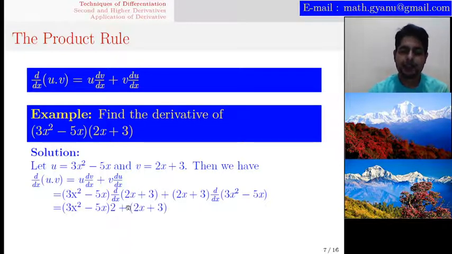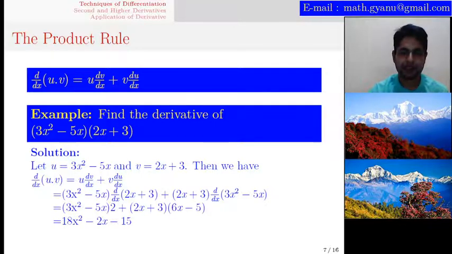Plus 2x plus 3 as it is, times d by dx of 3x square minus 5x. In the first term, 3x square gives the derivative 6x, and minus 5x gives simply minus 5, so it will be 6x minus 5. Now simplifying, you will get the result 18x square minus 2x minus 15, which is the required answer.